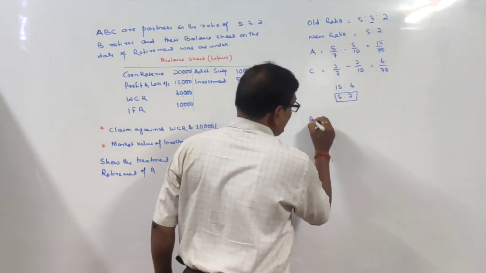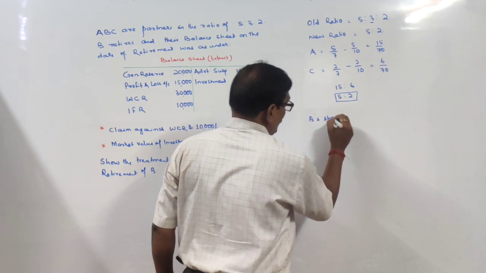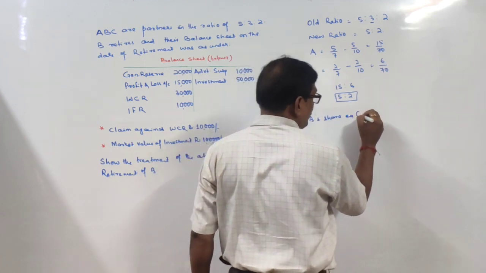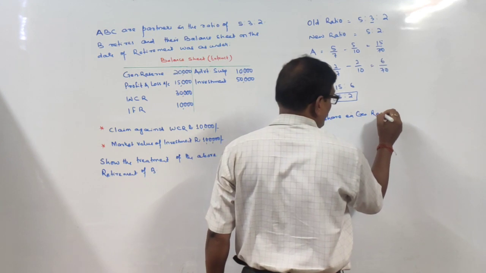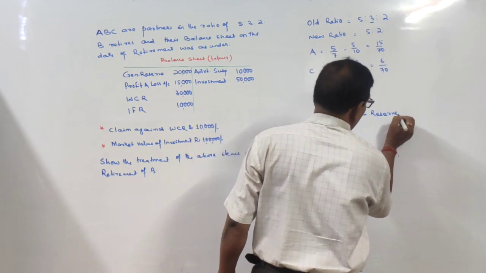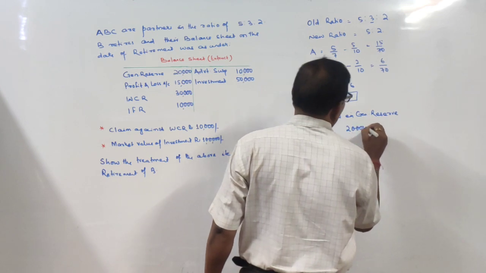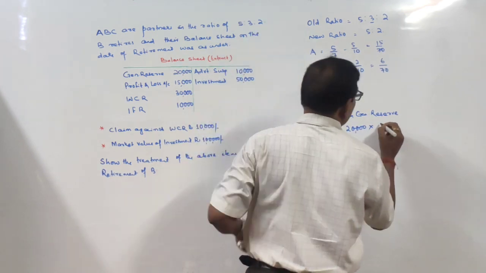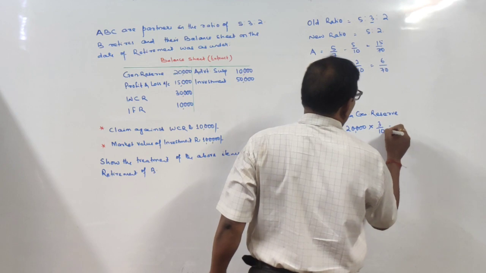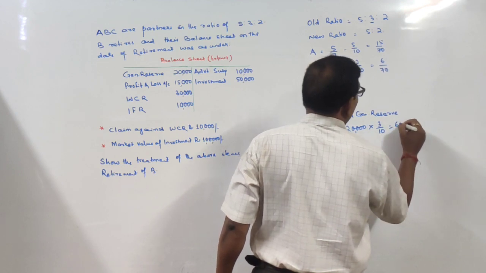Now, B's share in general reserve will be how much? B's share in general reserve is equal to 20,000 into his share, that is 3/10. Right? So it will be 6,000 rupees.